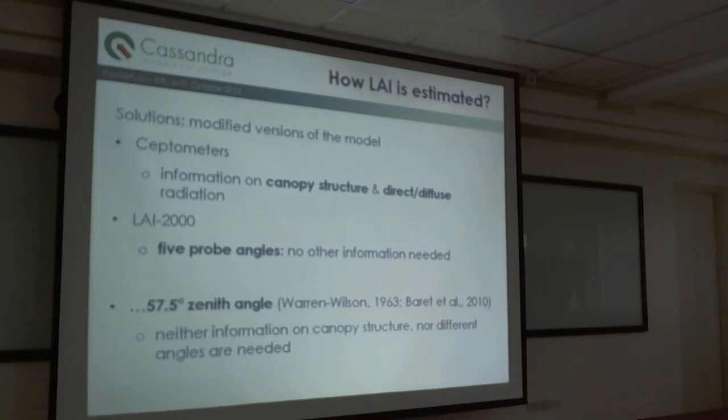If you use this angle to acquire the information, you don't need any information about the canopy structure. Then, a few years ago, Barrett and colleagues provided a theoretical demonstration of this evidence. So it's a simple model, but effective and can be used. And so this is where we start from.